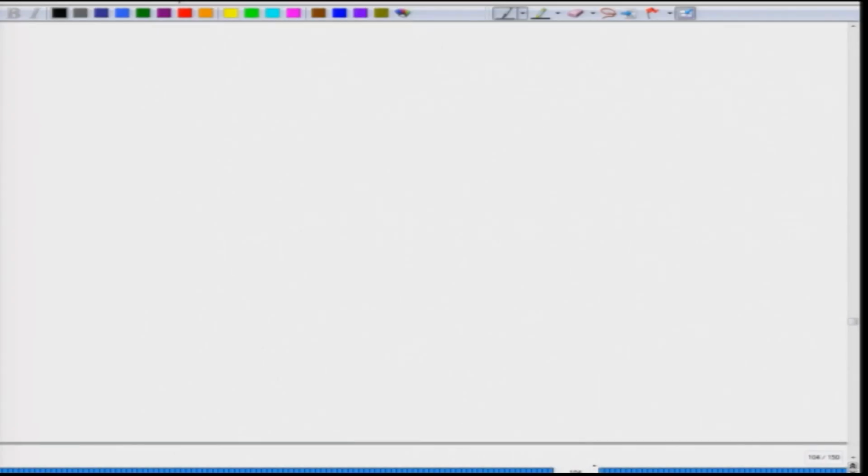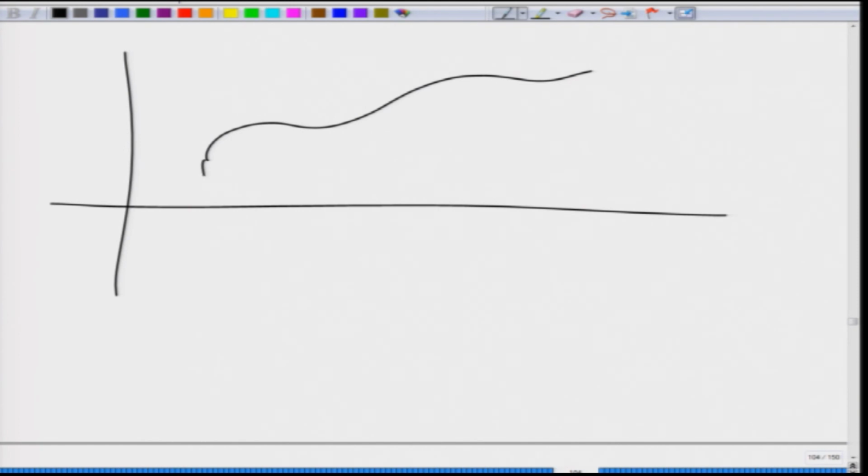Okay. So, now we try to discuss, let us say we have a curve. What we did is that we developed a way to find the area of the region bounded by this curve. Now, we want to find the length of the curve.